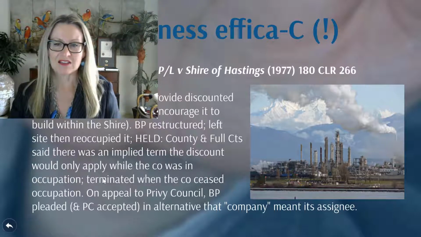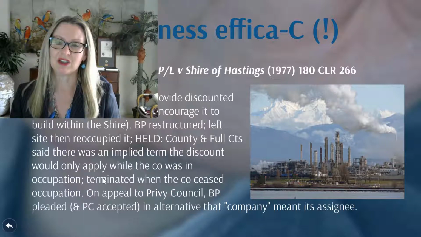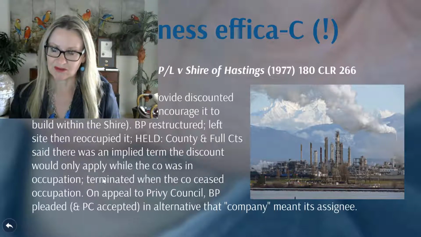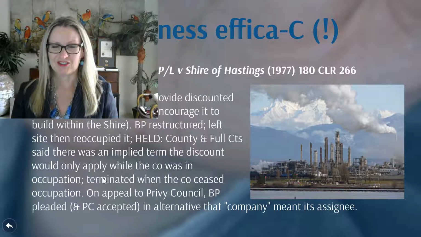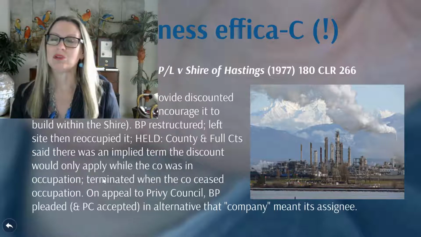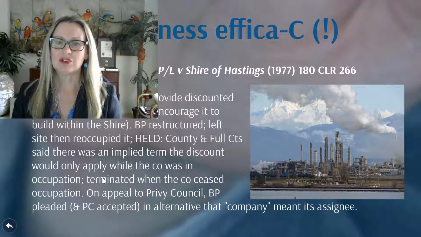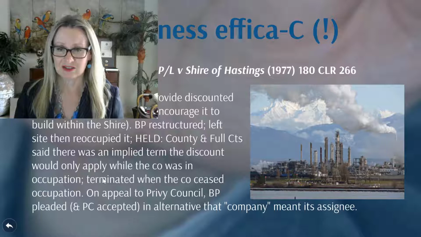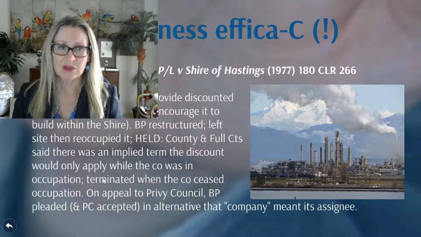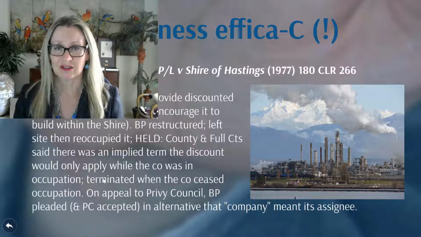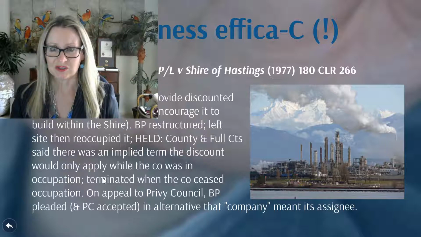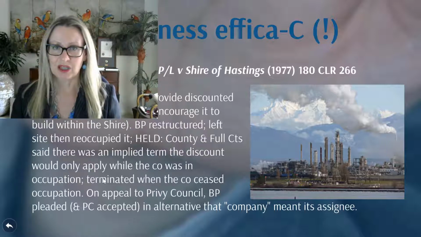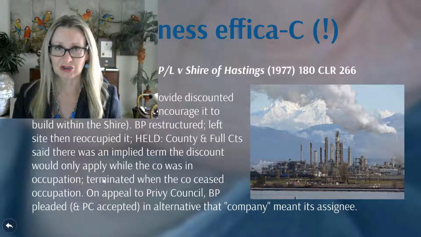And in that case, the Privy Council accepted this alternate argument that was effectively suggested to BP in oral submissions, rather interestingly, that you might be able to imply a term that the use of the word company in the original agreement between BP and Hastings not only meant BP, the original company as it was constituted in the first place, but any assignee that would come into existence or that might be deemed appropriate as a result of company restructuring.